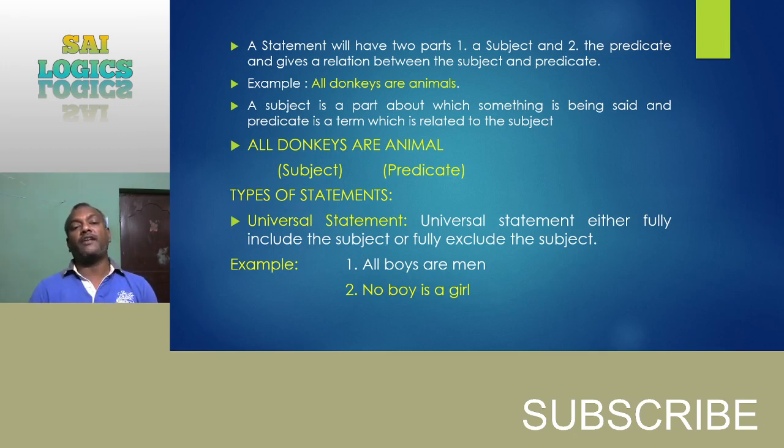So this statement is explaining the subject, that is donkey, and it is related to the category animals. So animal is to be called the predicate. Generally, the subject will be on the left-hand side and the predicate on the right-hand side. In this chapter, there will be only 4 types of statements. So let us discuss the types of statements.